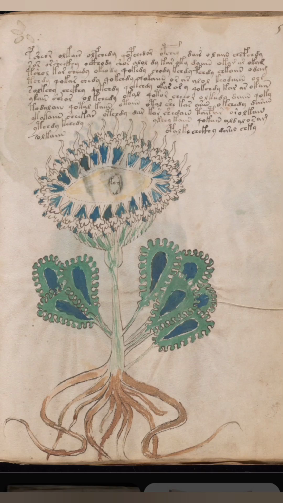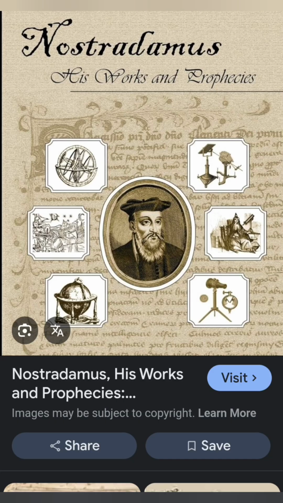Next, the art style. The Voynich Manuscript is intricate and highly detailed, with coded illustrations. This shows astronomy, natural flows, and cosmic cycles.